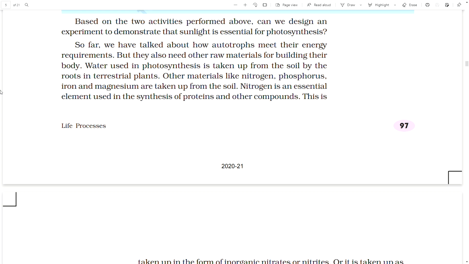Based on the two activities performed above, can we design an experiment to demonstrate that sunlight is essential for photosynthesis? So far, we have talked about how autotrophs meet their energy requirements, but they also need other raw materials for building their body. Water used in photosynthesis is taken up from the soil by the roots in terrestrial plants.